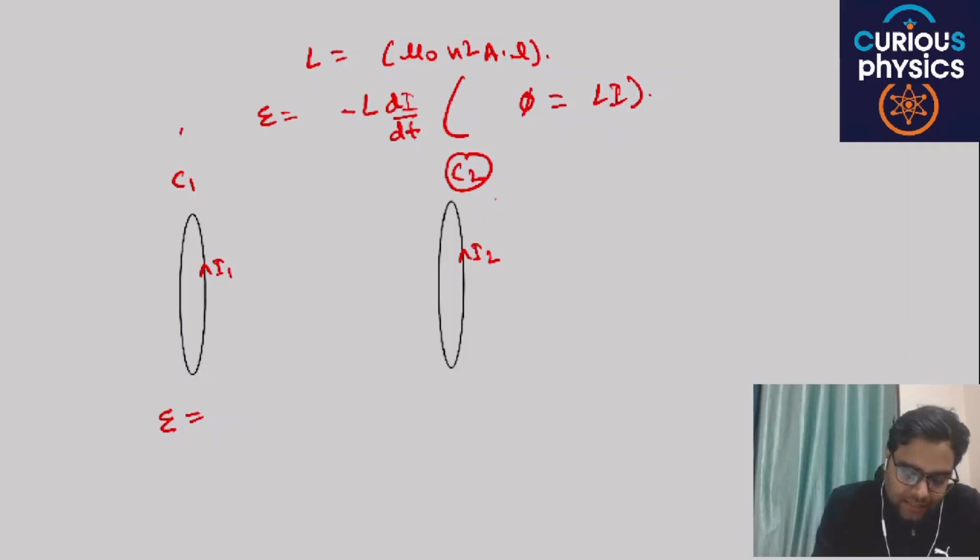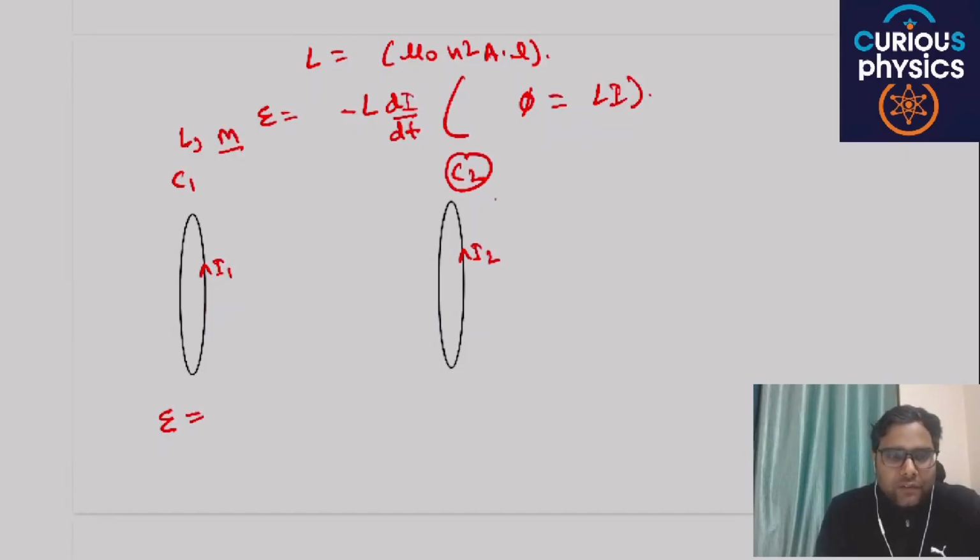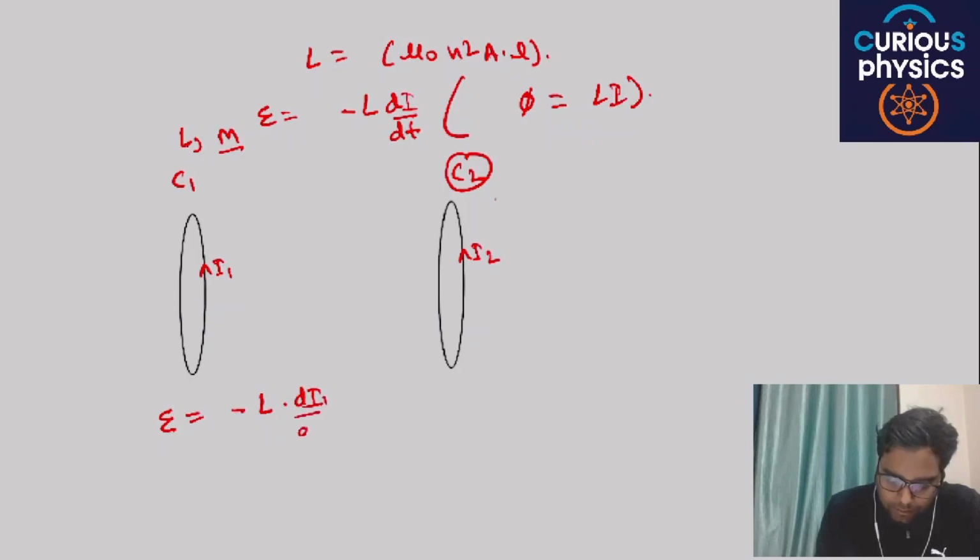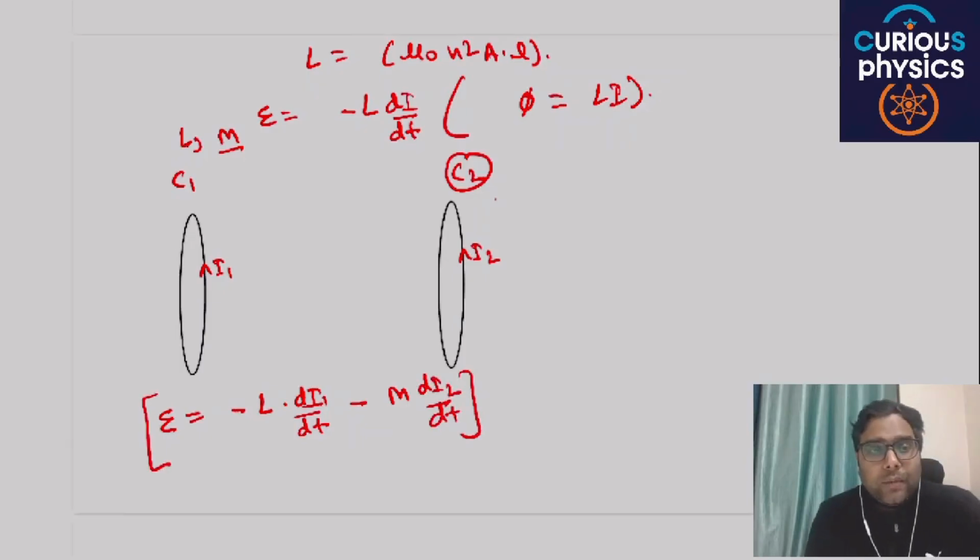Let's say L is the value of self-inductance and M is the value of mutual inductance. Then what will be the value of induced EMF? Minus L di1 by dt minus M12, because M12 is equal to M21, di2 by dt. In this way, you can find the value of induced EMF in coil 1 when coil 2 is also present. Are you able to understand my point or not?